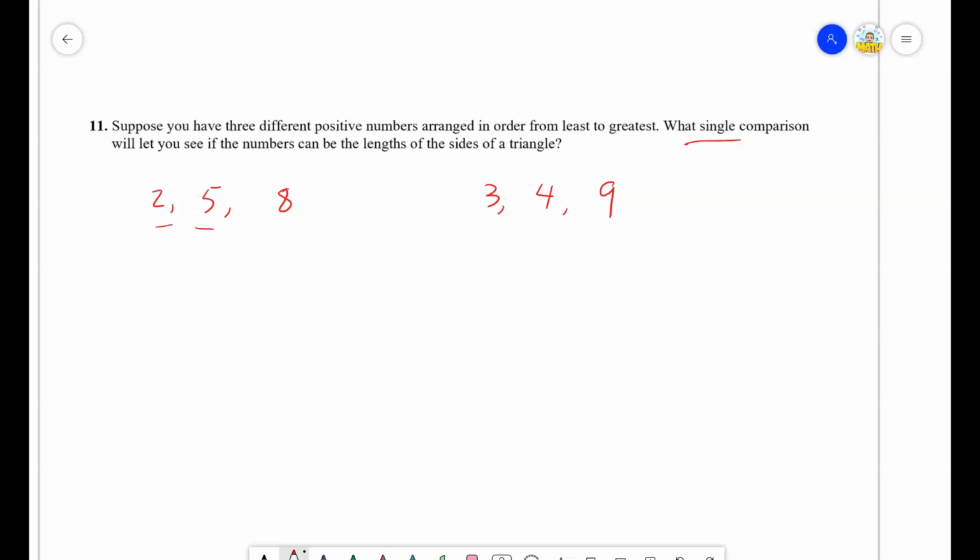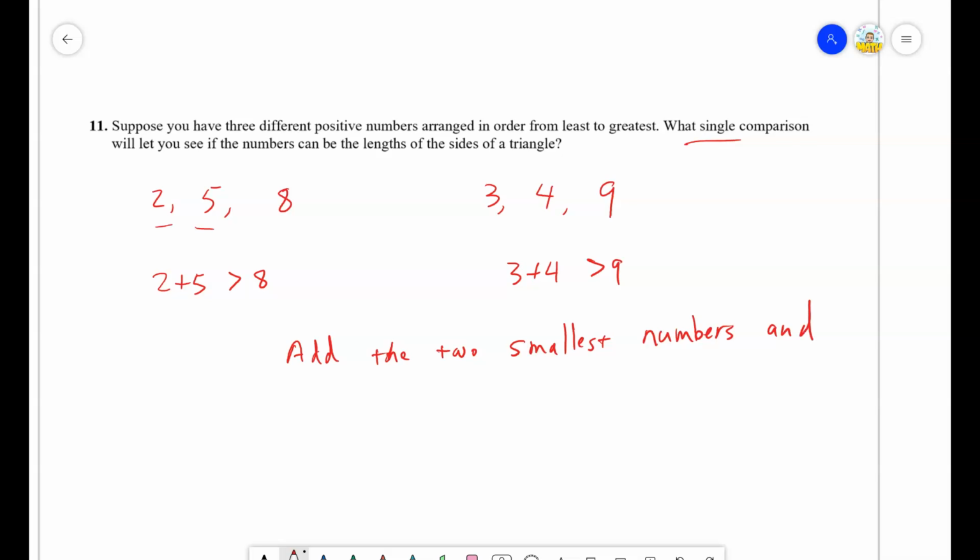I would take the sum of the two smaller numbers. Right? I would look at 2 plus 5 and ask, is that bigger than 8? Okay, I would need that to be larger than 8. I would take 3 plus 4, and I need that to be bigger than 9. So the single comparison would be to add the two smaller numbers and compare that sum to the largest number.